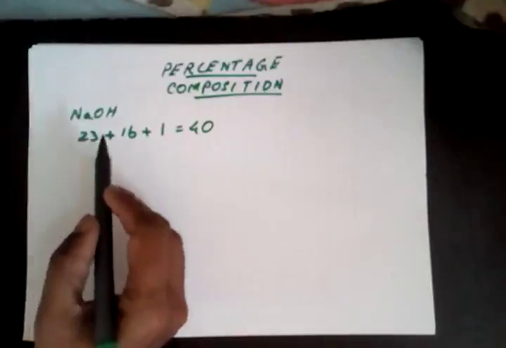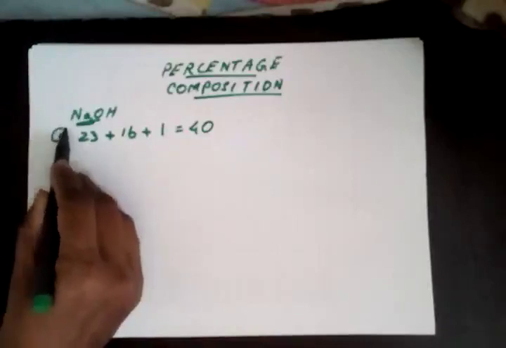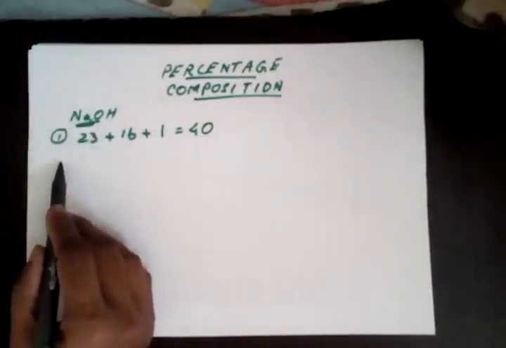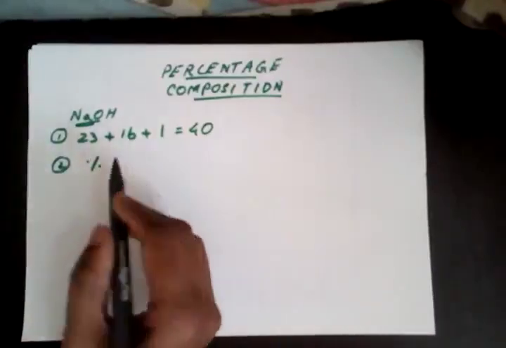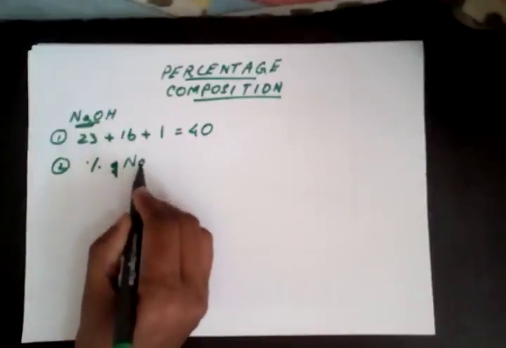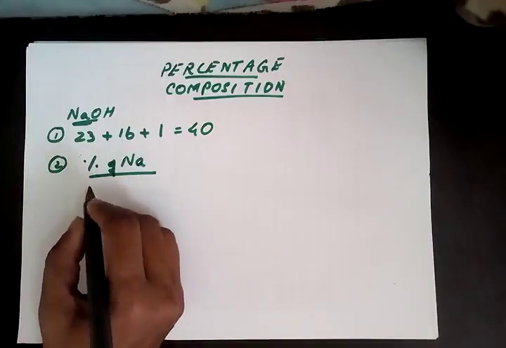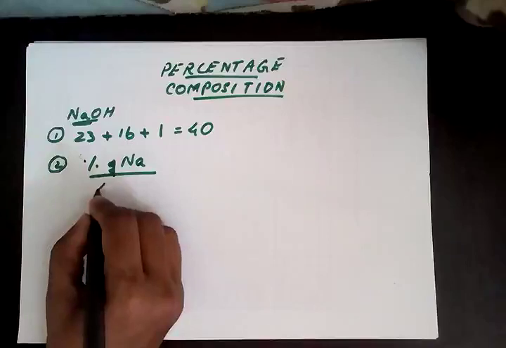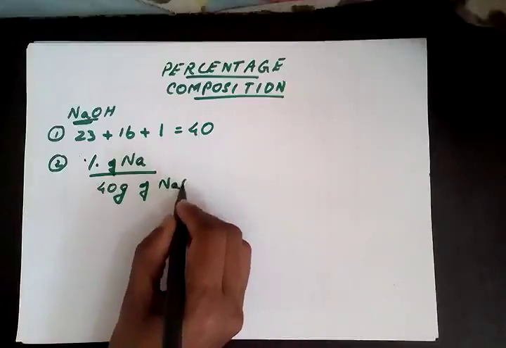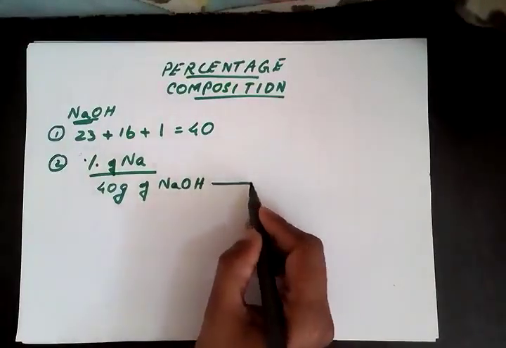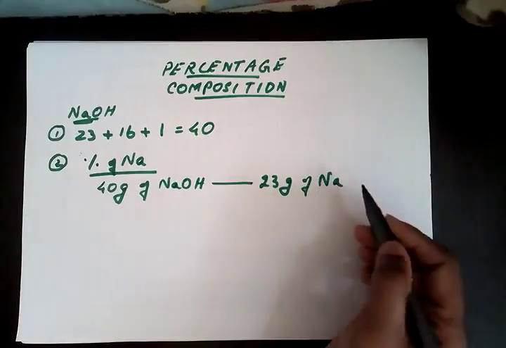The very first step to calculate the percentage composition is to calculate its molecular mass. This is our first step. The second step is, if I'm interested in knowing the percentage of sodium, then I use a calculation saying that 40 grams of sodium hydroxide contains 23 grams of sodium.